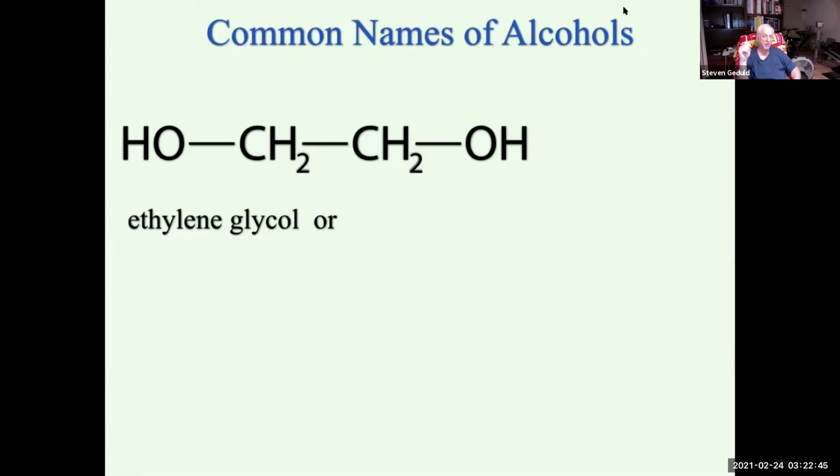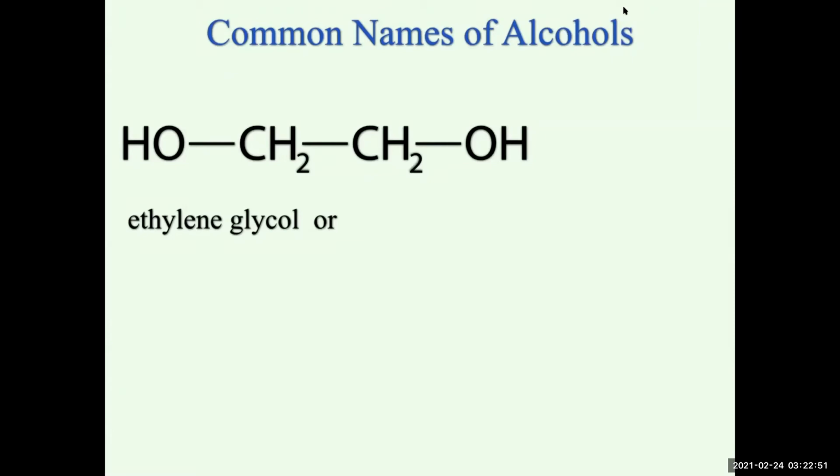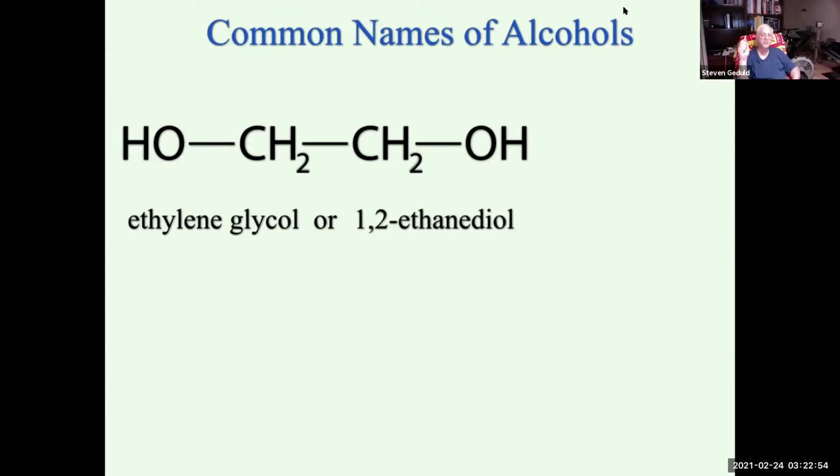What do you put in front of the OL if there's 2? Di, perfect. 1,2-ethanediol. It's di if there's 2, tri if there's 3. So it tells you at the 1 and 2 position, ethane, there's 2 carbons, all single bonds, and there's 2 OH groups. So 1,2-ethanediol is the IUPAC name.